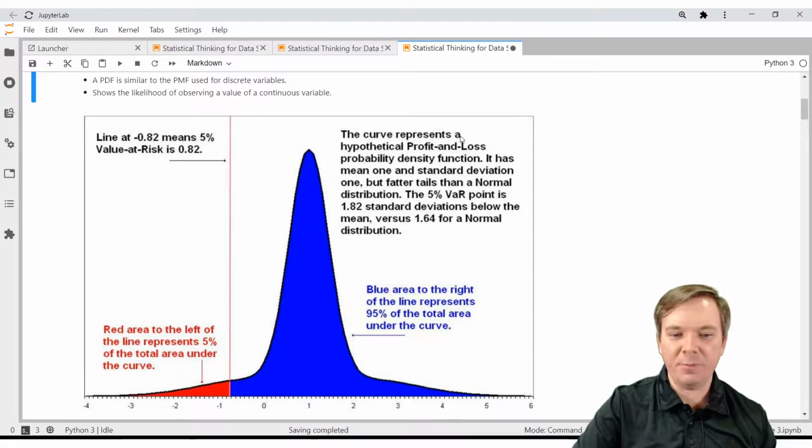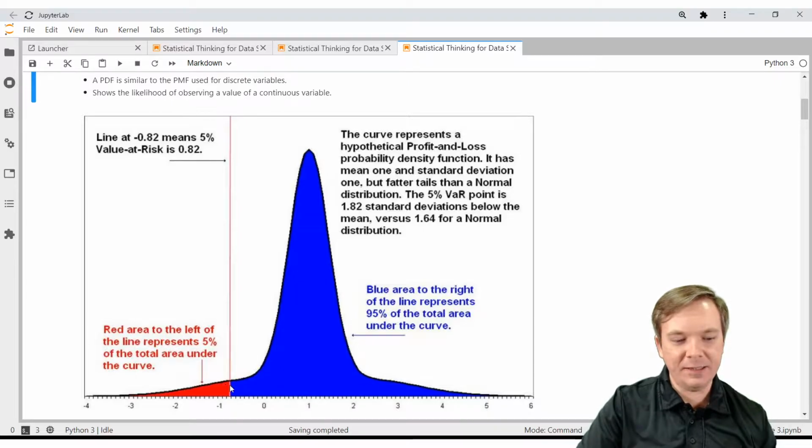This curve represents a hypothetical profit and loss probability density function, okay? The mean is 1 and the standard deviation is 1, but it has fatter tails than a normal distribution. The 5% VaR point is 1.82 standard deviations below the mean versus 1.64 for a normal distribution. So basically this curve is not exactly normal, okay?